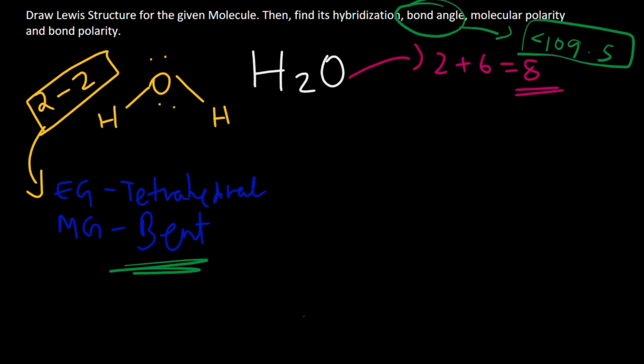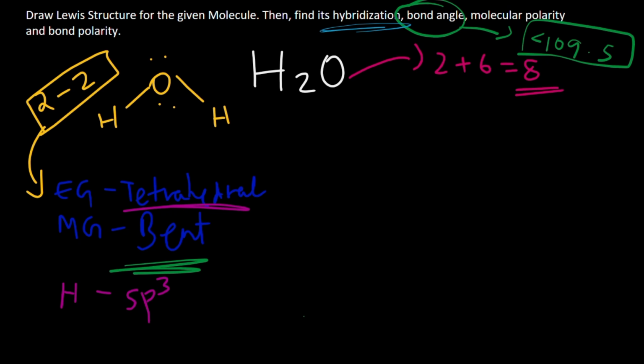For hybridization, I'll just abbreviate it as H. So H equals sp3 since it's tetrahedral. Because the electron geometry is tetrahedral, so it should be sp3.